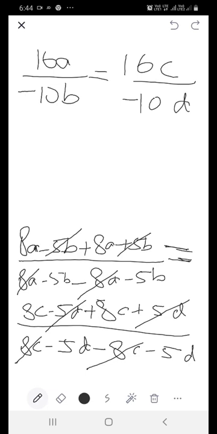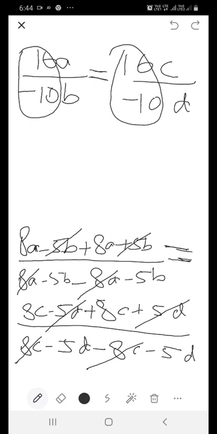Now, as you see, 16 upon minus 10 is the same on both the sides of equality. So again, you are going to write it on the side of your notebook. Now you will write: dividing by 16 upon minus 10 on both sides.